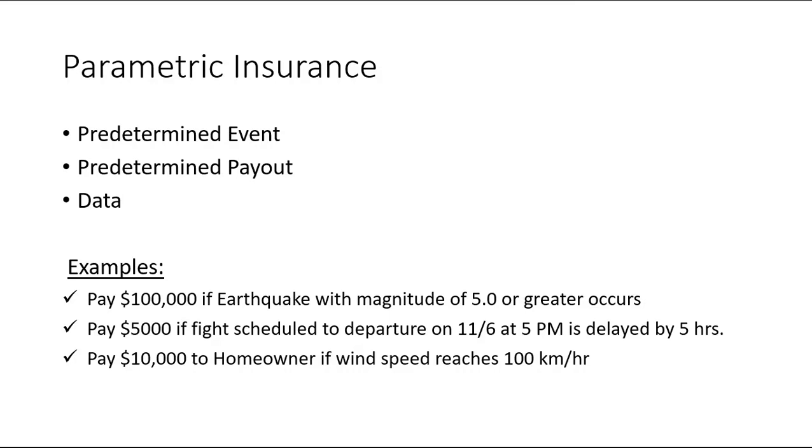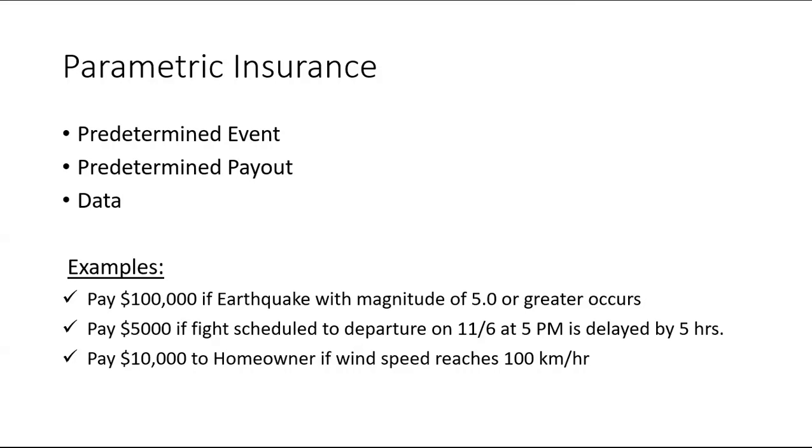Like if they issue a policy for a homeowner, they can say if your home is damaged by wind that reaches 100 km per hour, then we will pay you $10,000. As you see in this example, that is what we call a predetermined event.